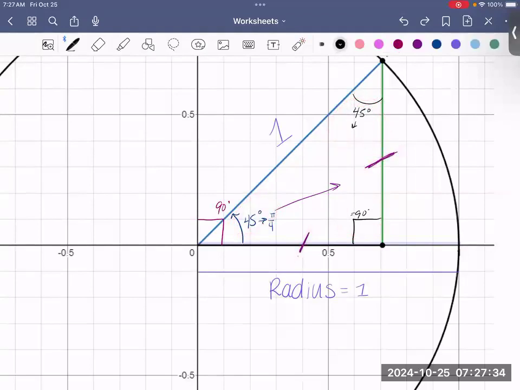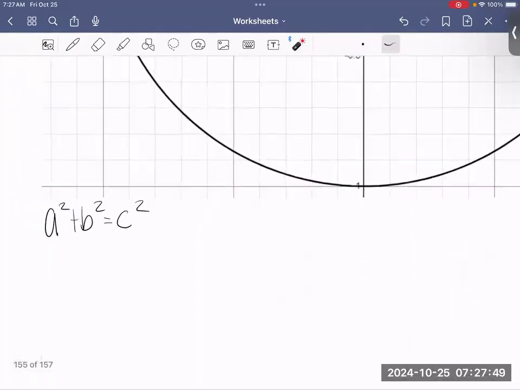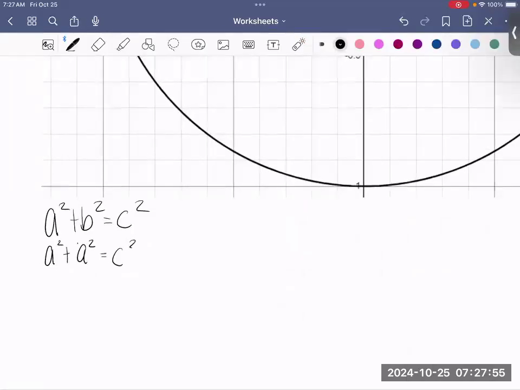With your Pythagorean theorem, we'll call this a, b, and c here. We already have c, coincidentally, because this is your radius. So c is equal to 1, and a and b are equal to one another. I'm going to rewrite the Pythagorean theorem so we have these two values showing, because b is actually just the same as a.